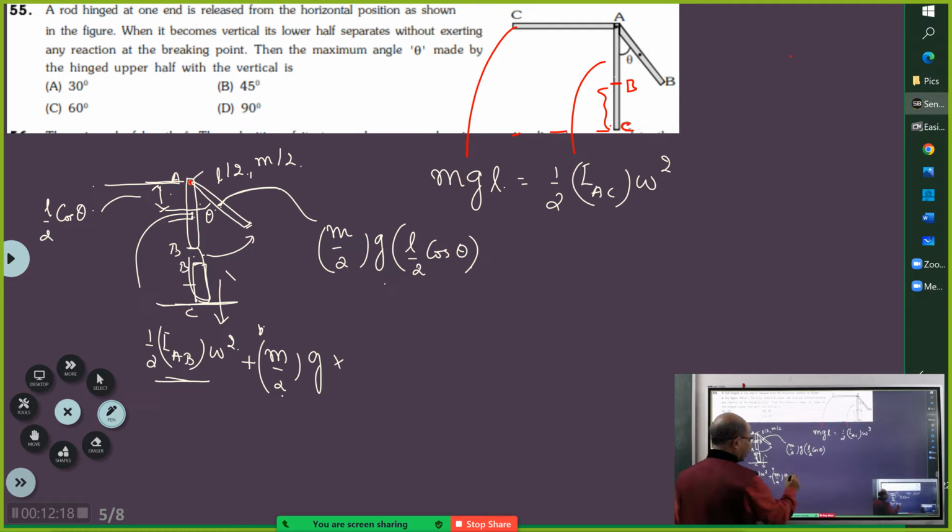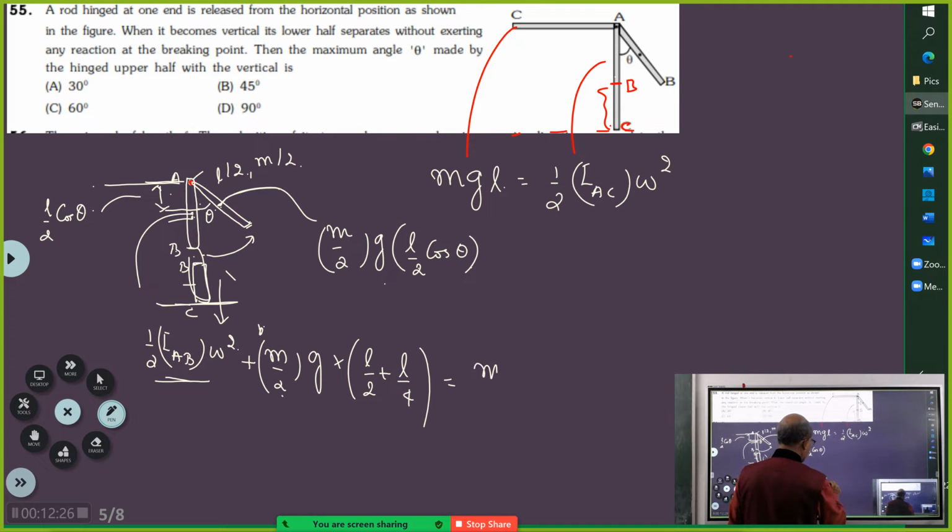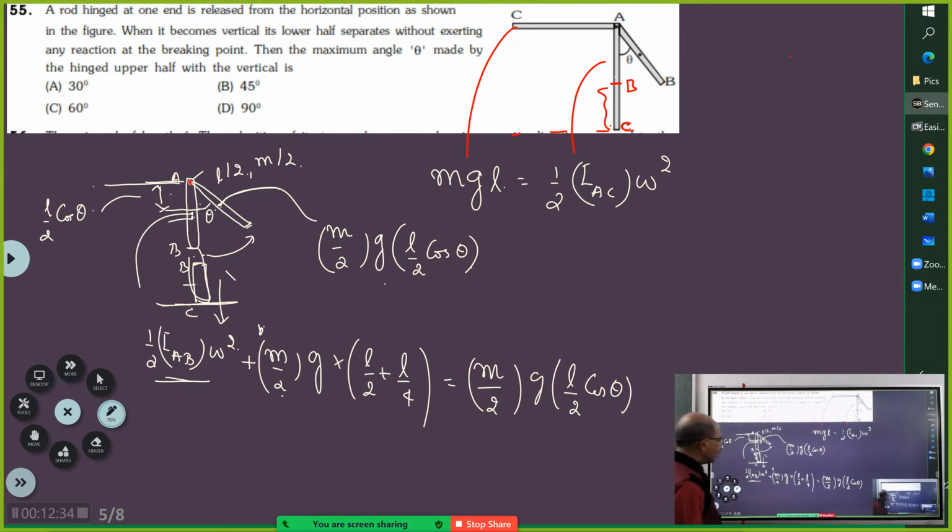L by 2 plus L by 2. This is the potential energy, correct? And this must be equal to m by 2 into g into L by 2 cos theta. Correct, students?